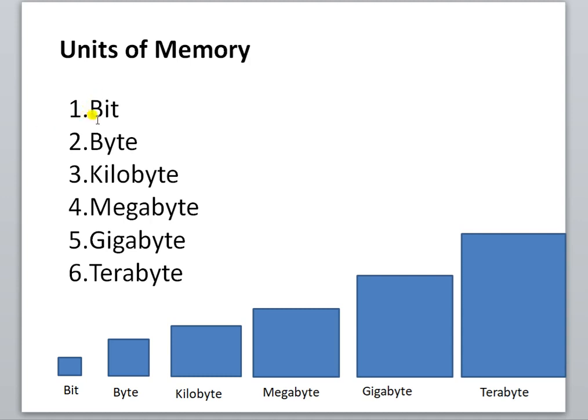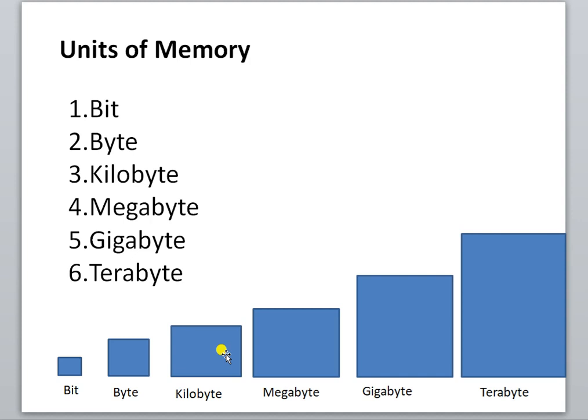First one is bit, byte, kilobyte, megabyte, gigabyte and terabyte. Bit: 0 and 1 is known as a bit. Only 0 and 1. These two are the bits. And a byte: 8 bits form 1 byte. What? 8 bits form 1 byte. And this is a kilobyte, which is less capacity.